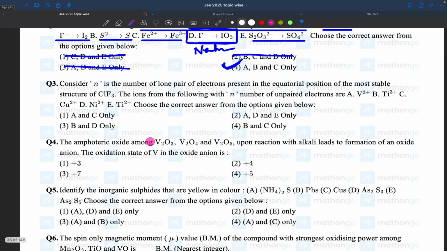The amphoteric oxide among V2O3, V2O4, V2O5 upon reaction with alkali leads to formation of an oxide anion. The oxidation state of V in the oxide anion is how much?